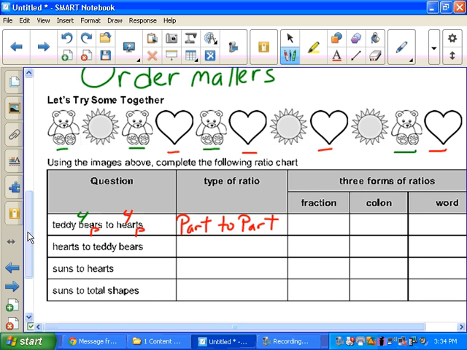So we have to keep two numbers there. So here we want teddy bears, which is 4, to hearts, which is 4. Although 4 over 4 equals 1, I still need to keep it as two different numbers. So I'm going to write it as 1 over 1. Then I can write it in colon form and word form.